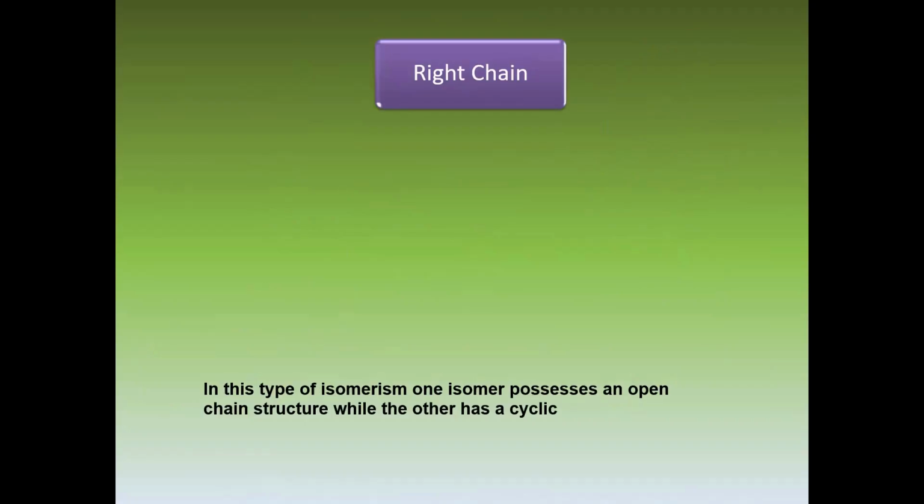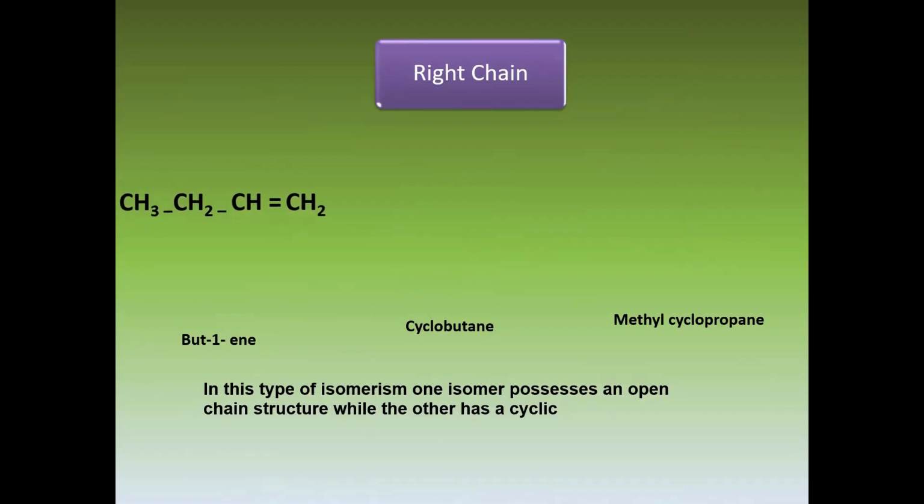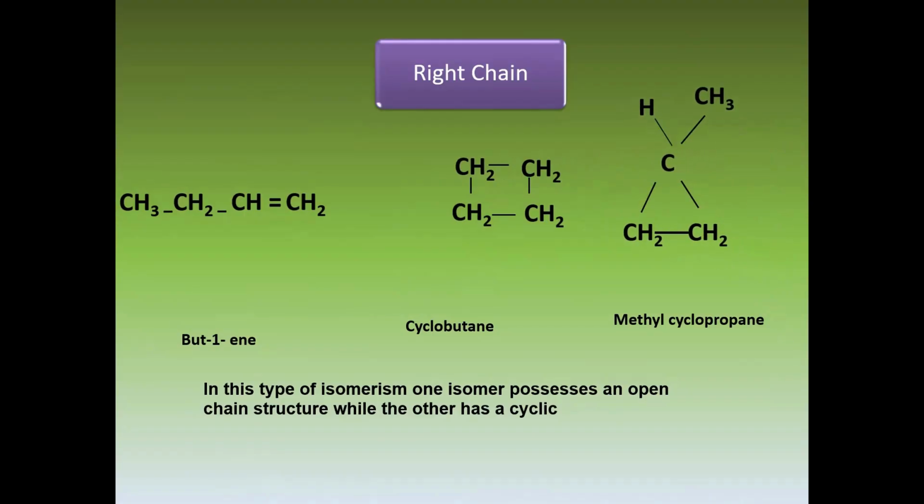Then ring chain isomerism. Look, this is 1-butene, this is cyclobutane, and this is methylpropane.